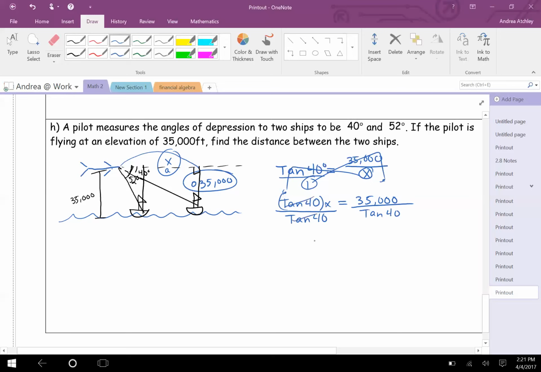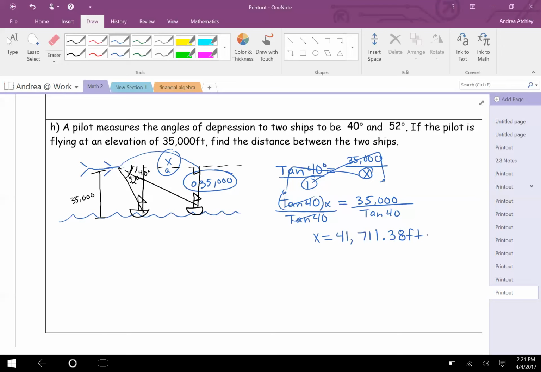These will cancel out and I get X equals, I got 41,711.38 feet. Okay, that's not the distance between the two boats though.